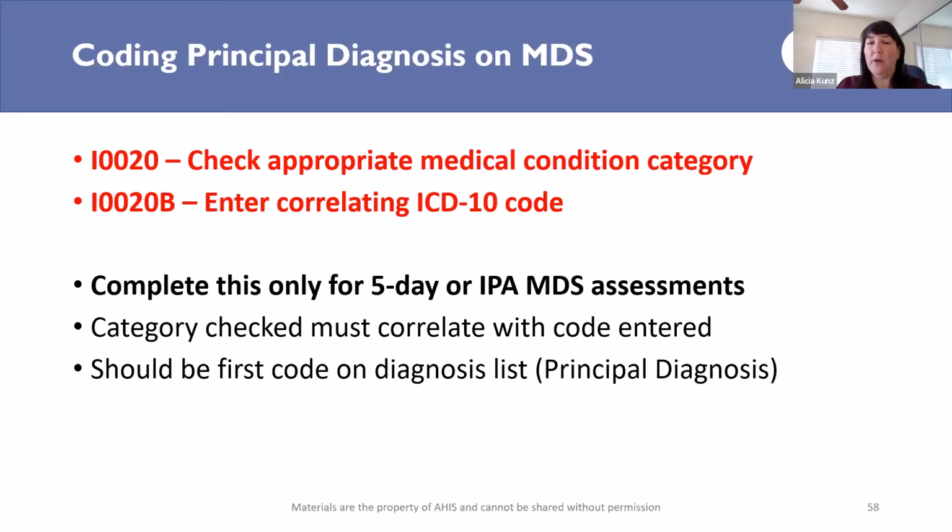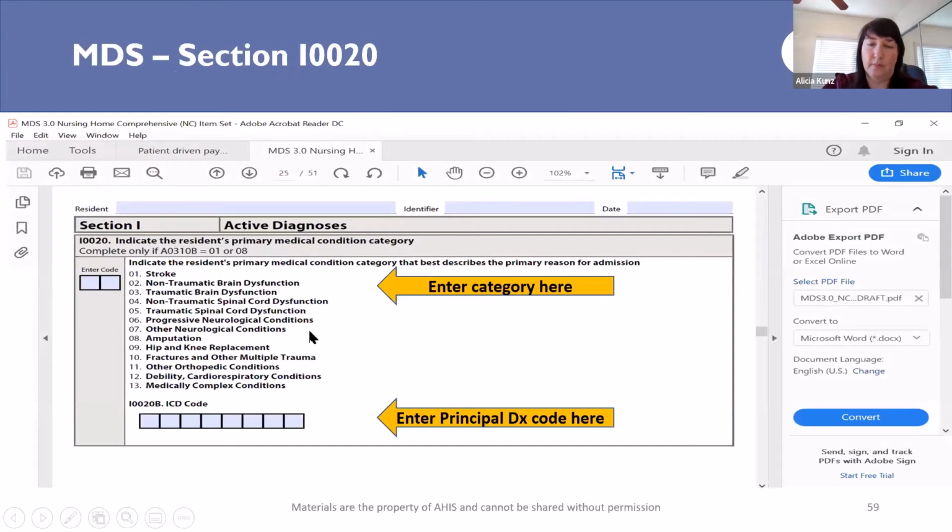And the category you check must correlate with the code entered. It should have some resemblance there. For instance, for that code, the I69320, your category for that would be stroke, 01, stroke, and then the I69320 would go down here under I0020B.